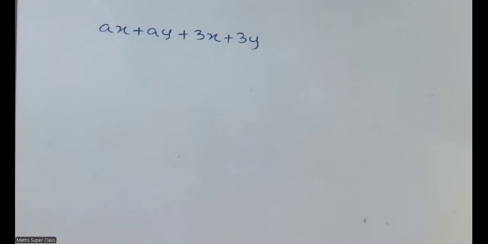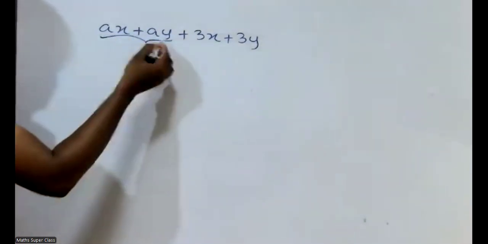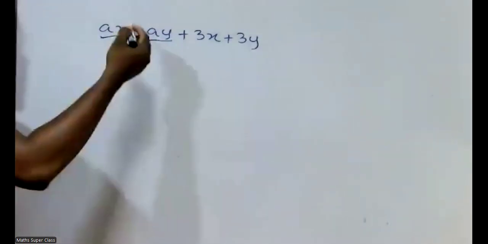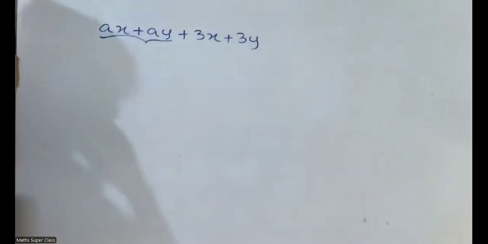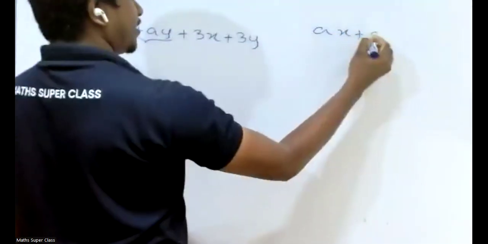Okay, now I'm going to explain this one. Are you here now? Here, ax and ay. Now we can use simple methods also. I'll explain from here. ax plus ay.